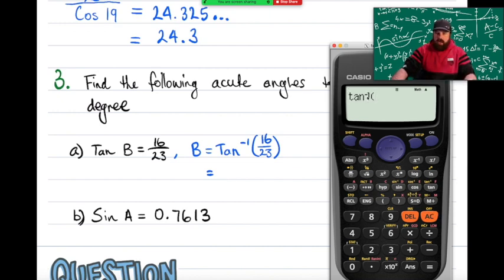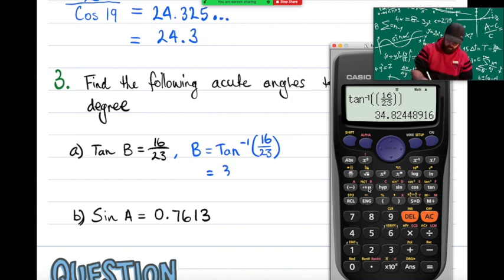You can see now I've got that minus 1. And in brackets, I'm going to write 16 over 23. Well, I didn't need the double bracket, but that's okay. And it's 34.8, which becomes 35 degrees when I round it to the nearest degree.